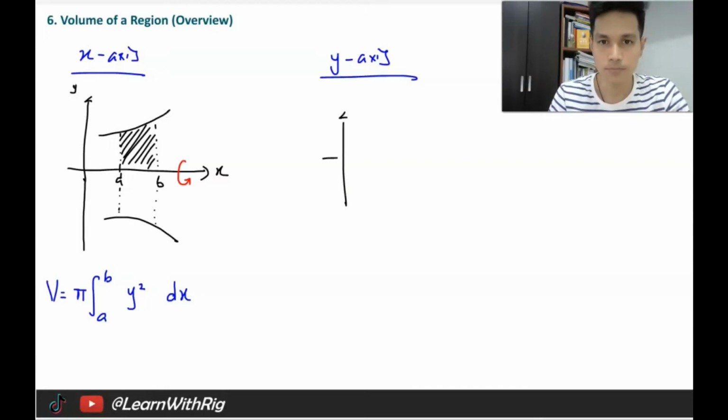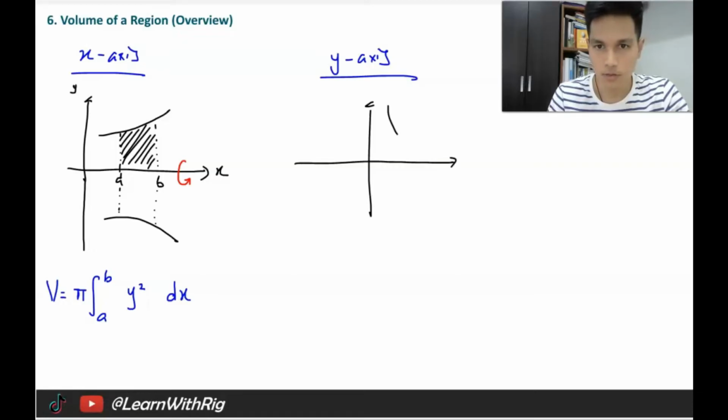So for example, let me draw like this. Let's say you got a curve here and you're looking for the volume of this side. So here A, here B. You will expect to see what? A volume here, right?